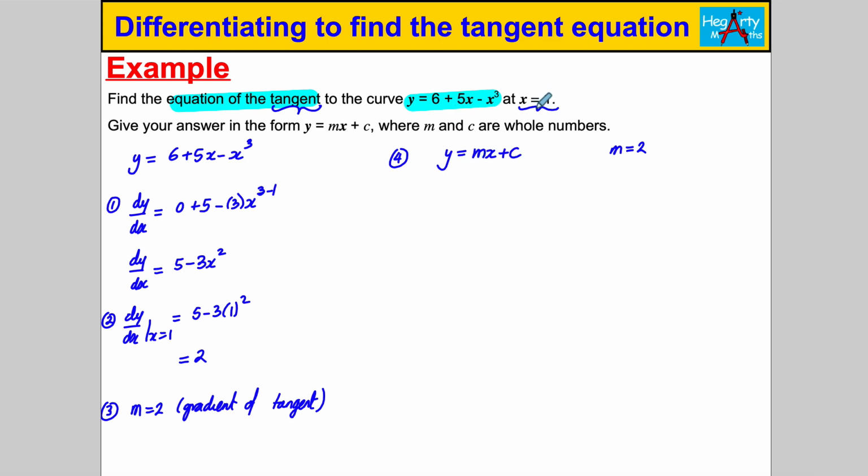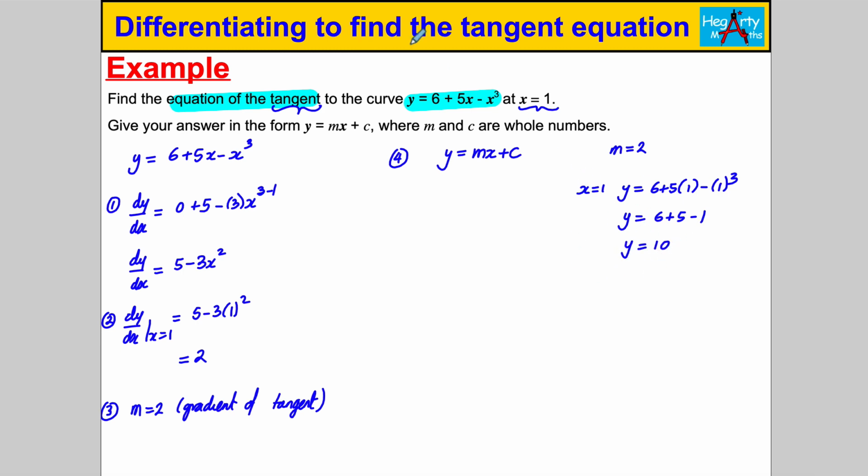Well, definitely, because this line goes through the curve at the point x is 1, so it shares the x and y values at that point. So we need to know the y value. When x is 1, we can work out y by substituting it into the curve. 6 add 5 multiplied by 1, take away 1 cubed. So y would be 6 add 5 take away 1, y would be 10.